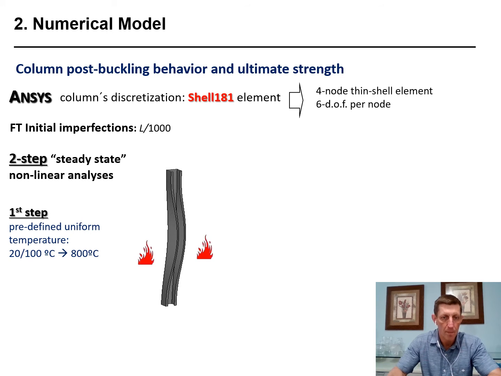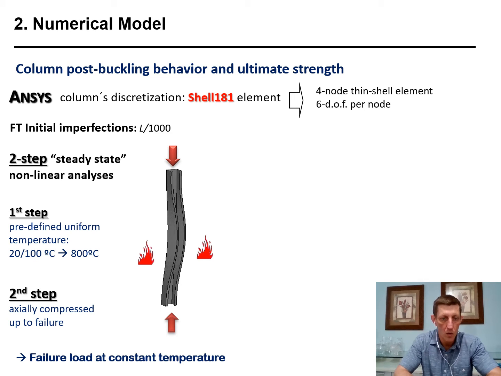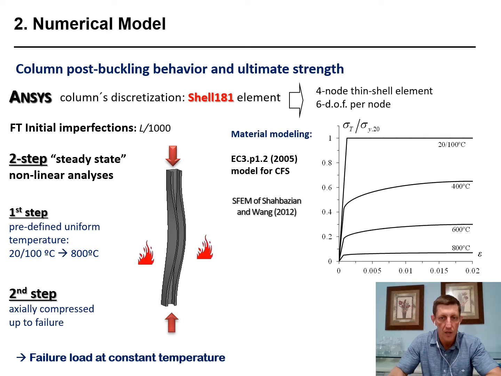A two-step steady-state nonlinear analysis procedure was assumed, where in the first step a predefined uniform temperature is considered. Then, in the second step, the columns are compressed up to failure, so one obtains the failure load at a constant temperature. Regarding the material modeling, the Eurocode 3 Part 1-2 model for cold-formed steel was considered.